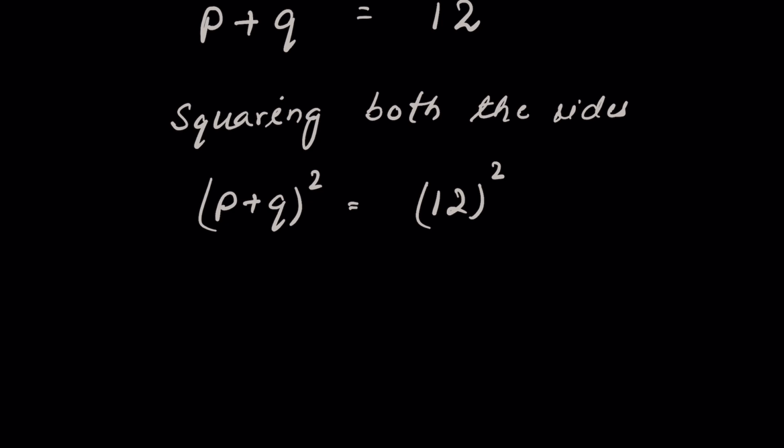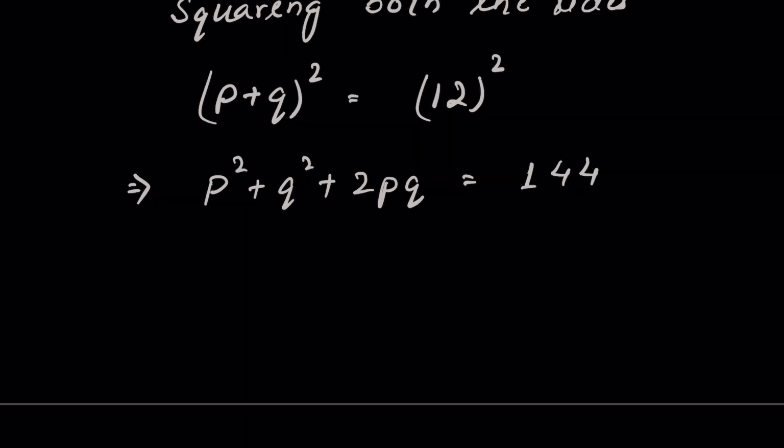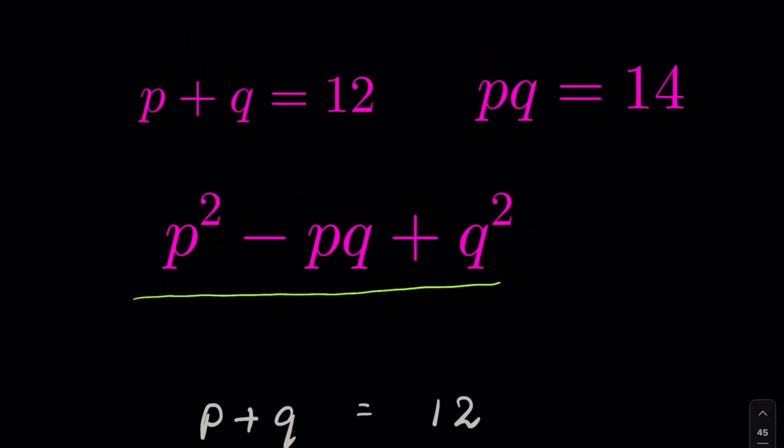This is in the form of (A plus B) whole square, and we can expand it as P square plus Q square plus 2PQ. 12 square is 144, or P square plus Q square plus 2, and the value of PQ from the question here is 14.